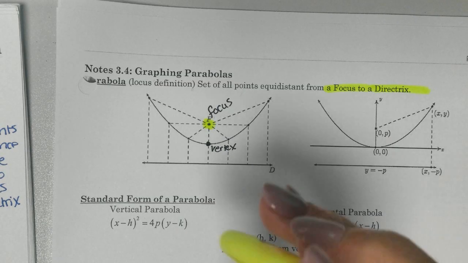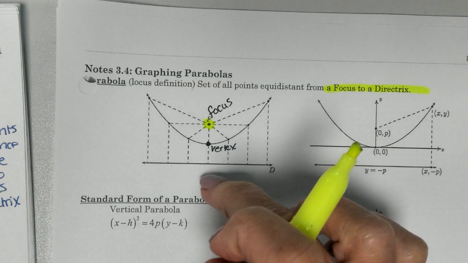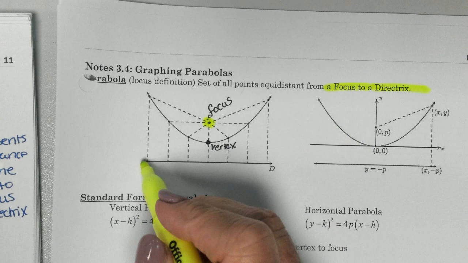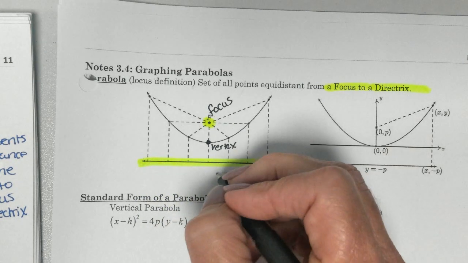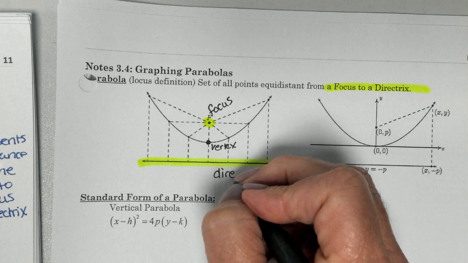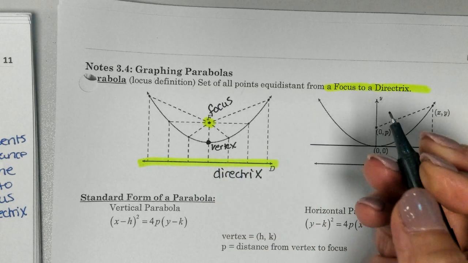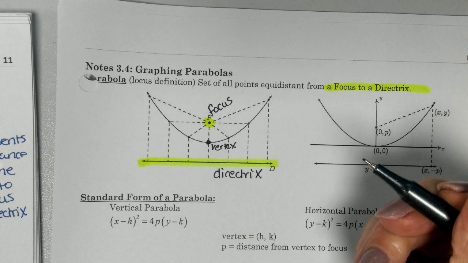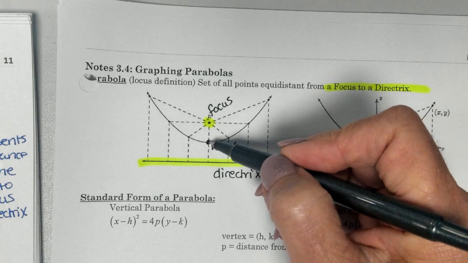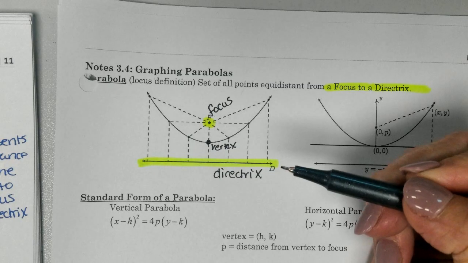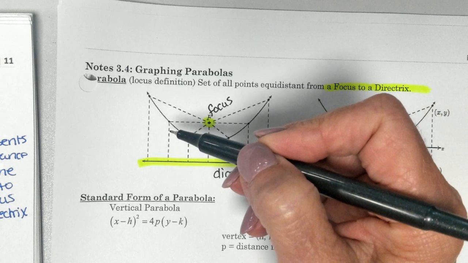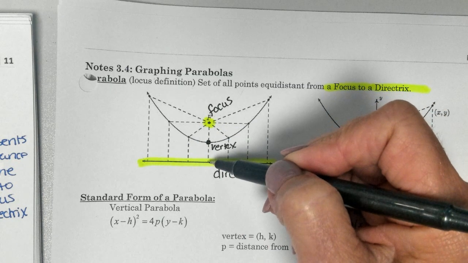And then from that vertex, we have what is called a directrix. And a directrix is a line. And that distance from the vertex to the focus is always going to be the same as the perpendicular distance from the vertex to the directrix.